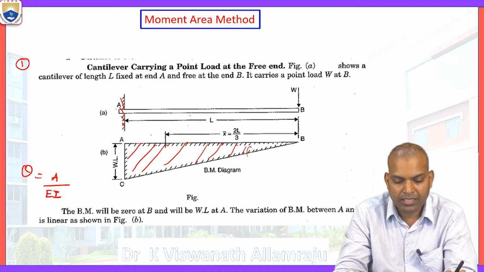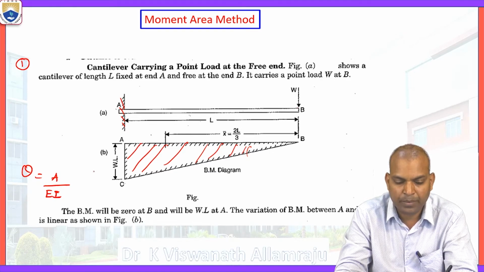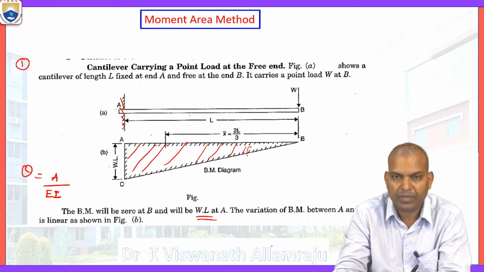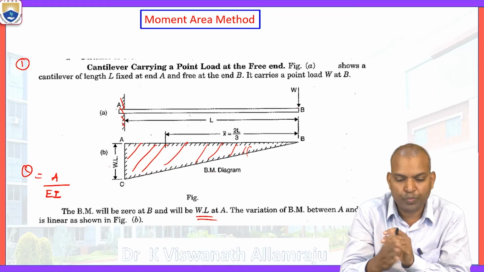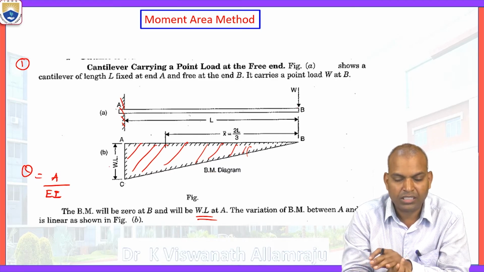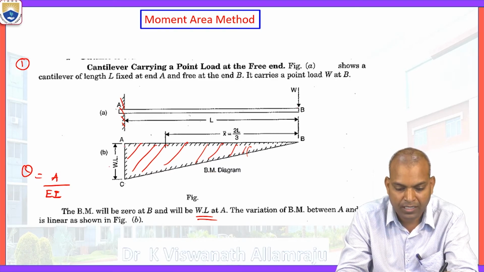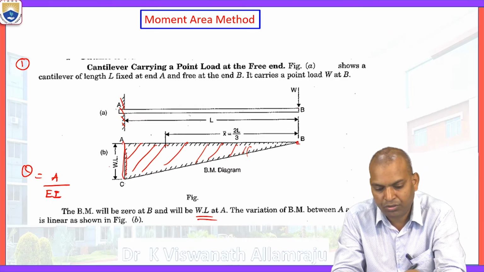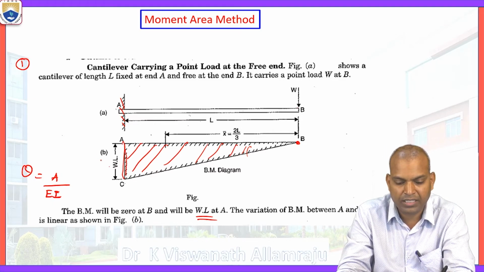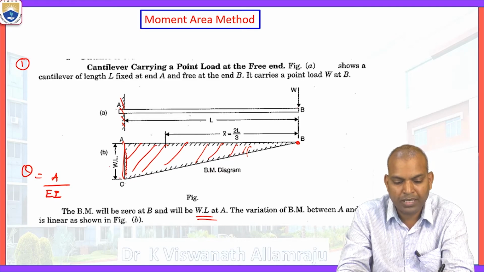The bending moment will be 0 at point B, and it is W times L at point A. The variation of the bending moment from A to B is linear, as shown in the figure. It is maximum at the fixed end and 0 at B. The shape of the BM diagram is a triangle.